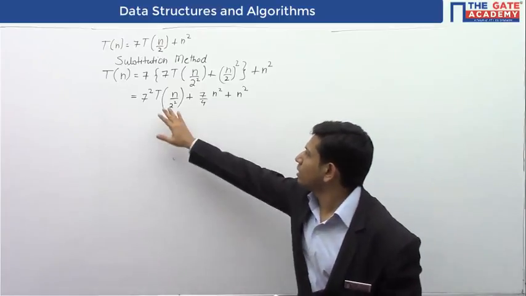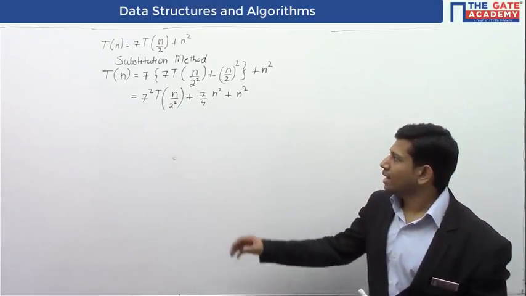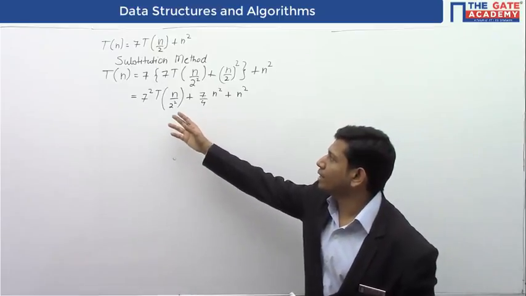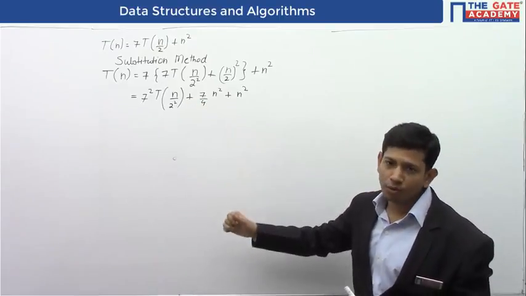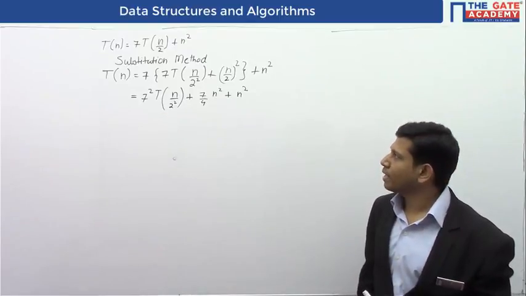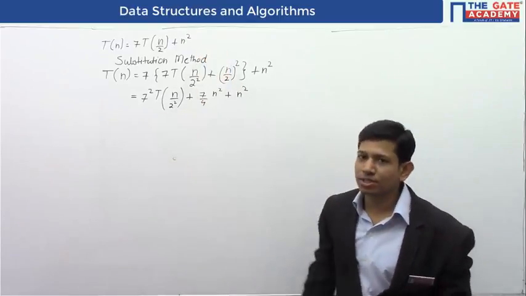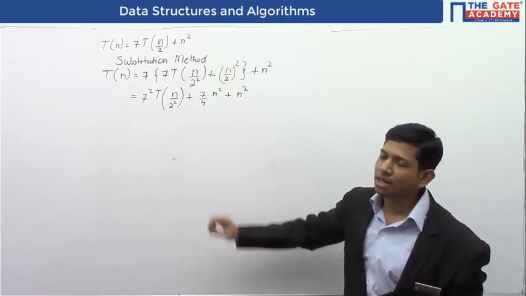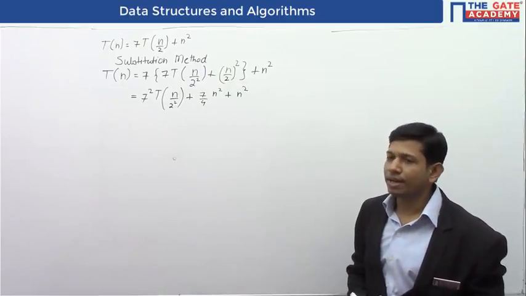Now we have T(n/2 square). Let's find out the value of T(n/2 square), that is T(n/4), and substitute it in the place of T(n/2 square). Again we will use this given expression, and using that expression we will substitute the value of T(n/2 square).